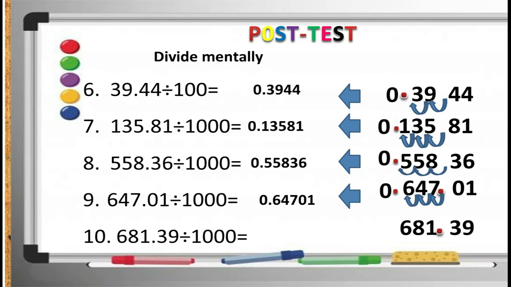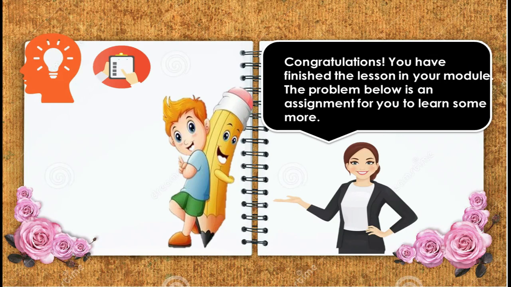Move 3 decimal places to the left. 1 and 2 and 3. Here is the decimal. Write 0. The answer is 68,139 hundredths. Congratulations! You have finished the lesson in your module.